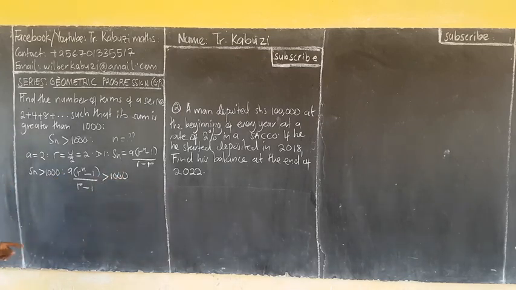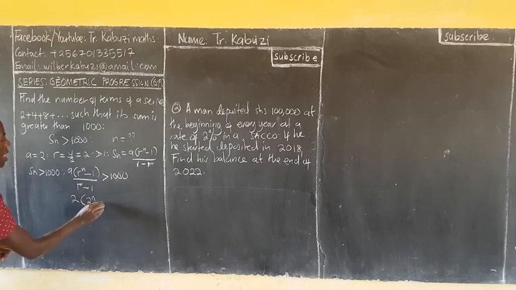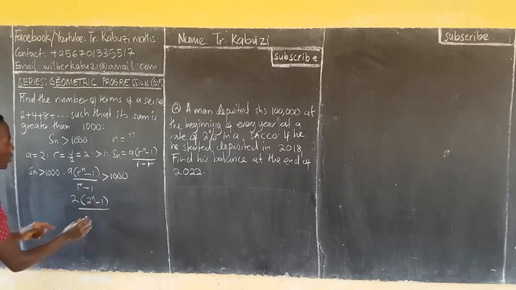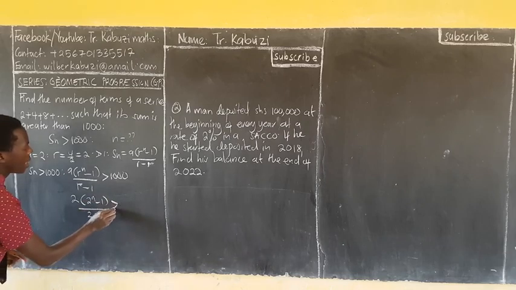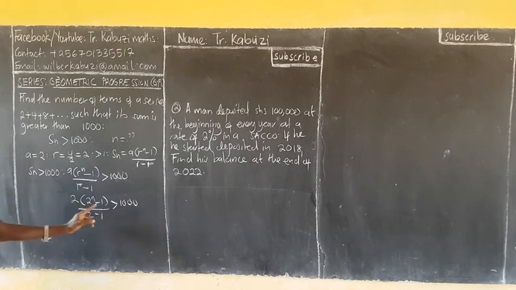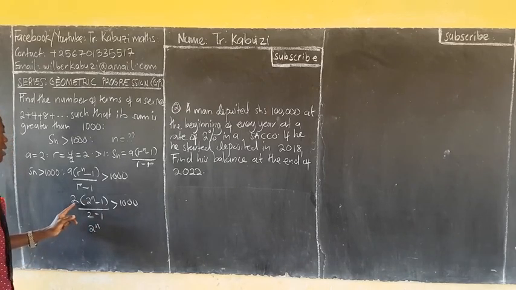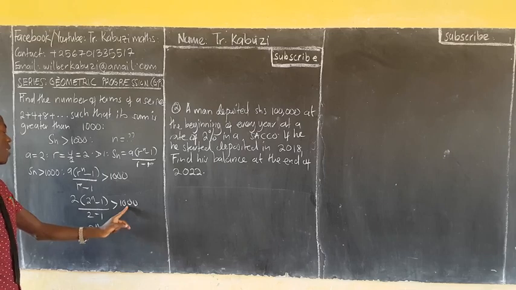Now I substitute. From here my a is 2, into my r is 2 to the power n, over 2 minus 1, greater than 1000. So this is 1, and when I divide both sides by 2, I'll be having 2^n minus 1 greater than 500.